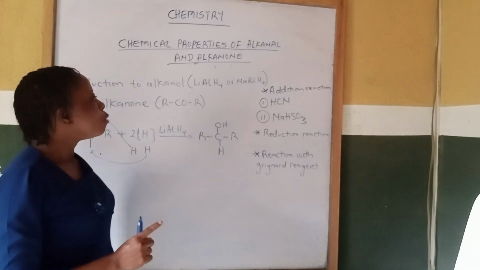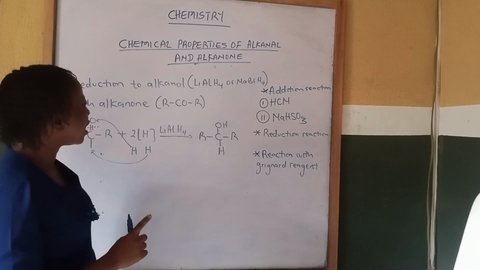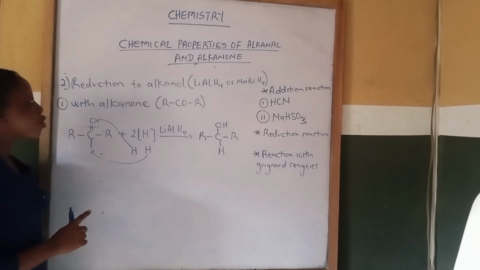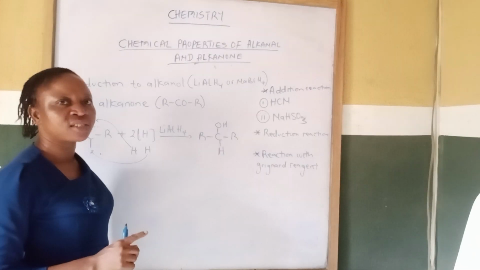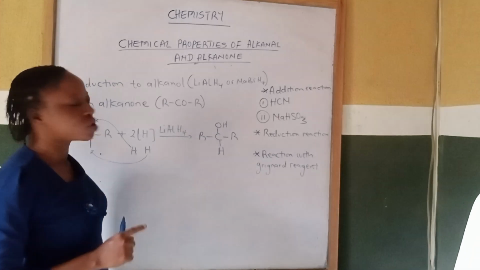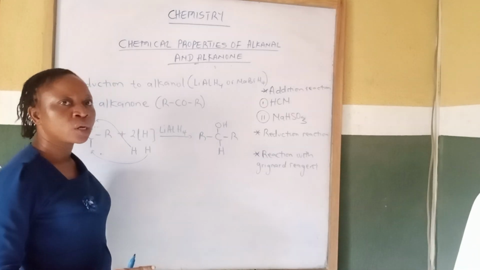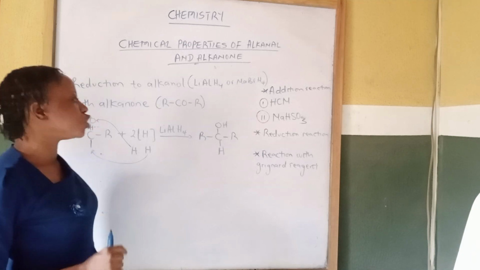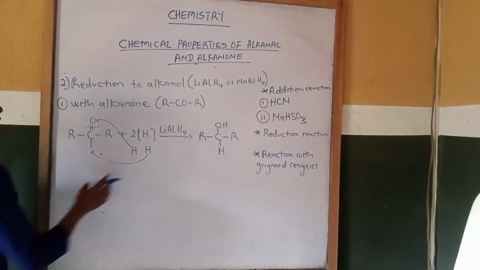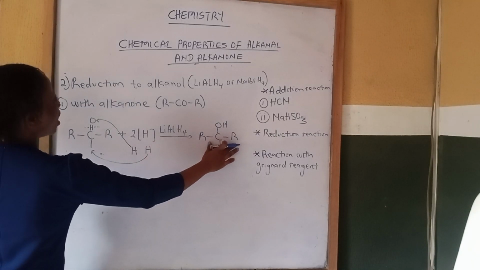So take note, when alkanal reacts with a reducing agent, it reduces it to a primary alkanol, while alkanone reduces to a secondary alkanol.